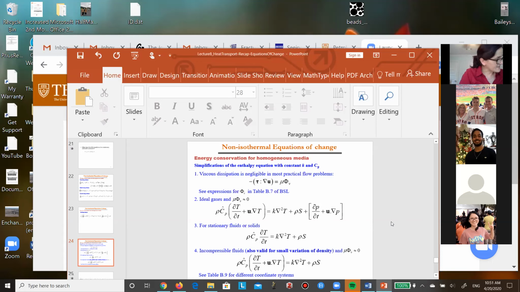So in this case, we would go to the Newtonian fluid section. I'm just going to describe it this way, because even if I show it on screen, the font is too small.